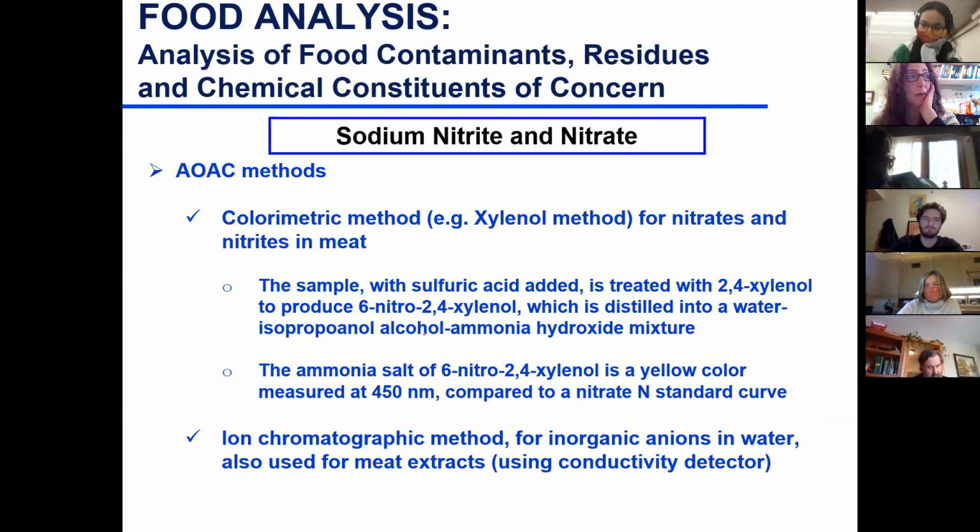So there is a colorimetric method of analysis for nitrites, and you can also use chromatographic methods. So you don't have to remember really the details of the colorimetric method. Just make sure you remember there are two AOAC methods. One is based on colorimetric detection and one is chromatography.